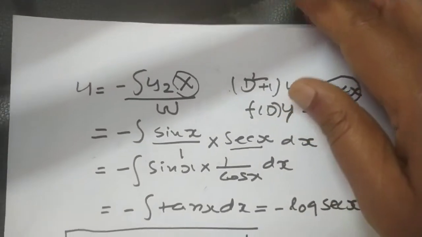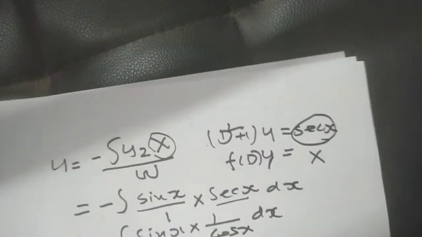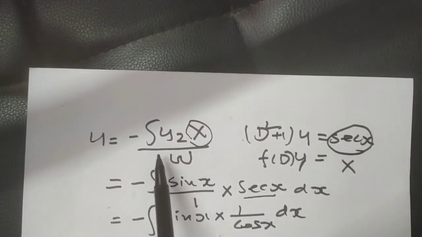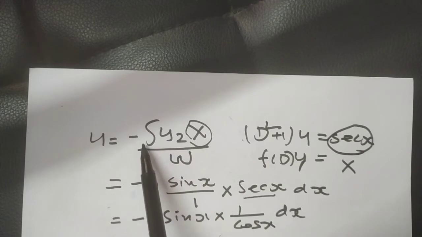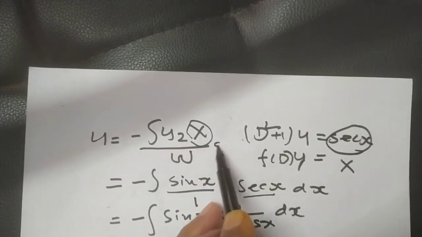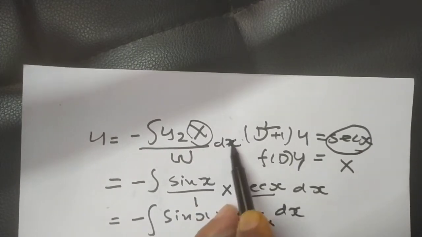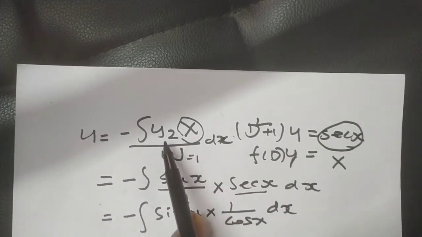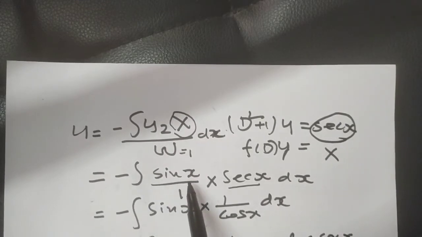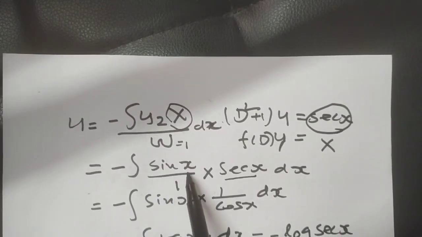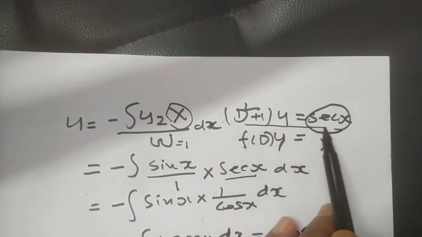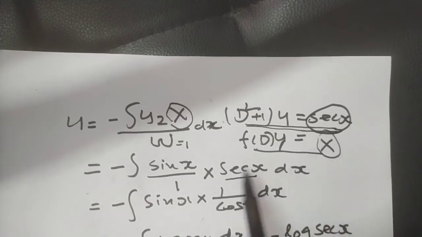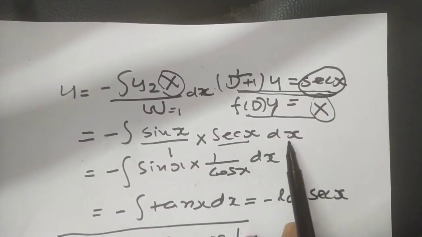Now I just calculate u and v here. Now u is equal to, by the formula as I said right now, minus y2 X integrated with respect to x, divided by W, which is 1. We have calculated y2, the expression for y2 is sin x, and capital X from the given differential equation is sec x, that you have to put here with dx.